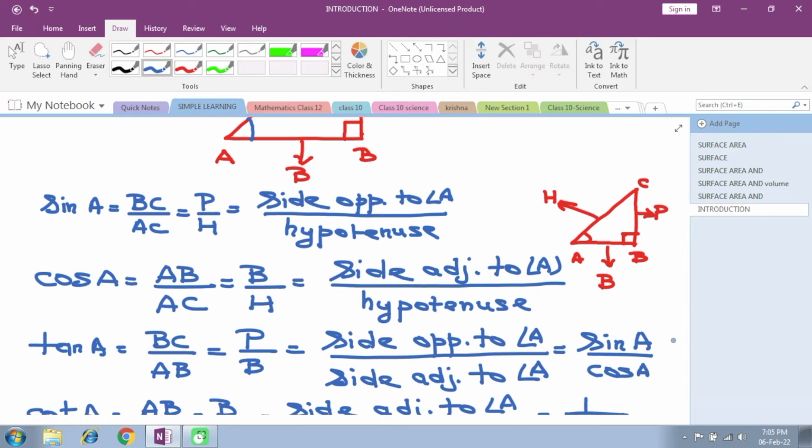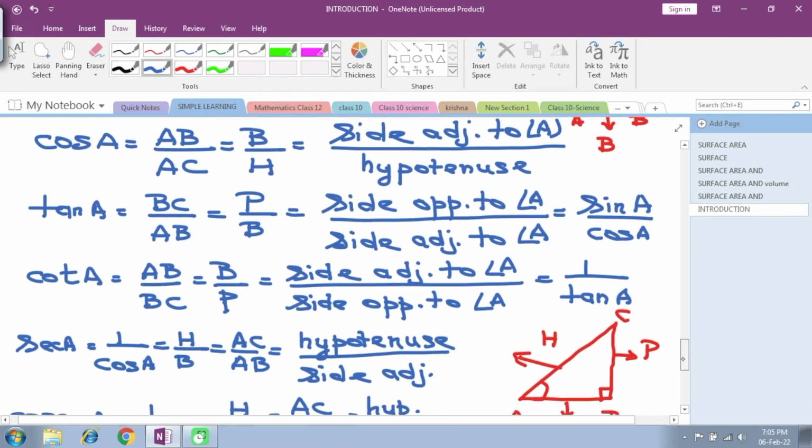Third is tan A. Tan A is BC by AB, that is the ratio of the perpendicular to the base, or it can also be written as side opposite to angle A divided by side adjacent to angle A. Tan is also equal to sine A by cos A. If I do the calculations, I will find sine A by cos A is equal to tan A.